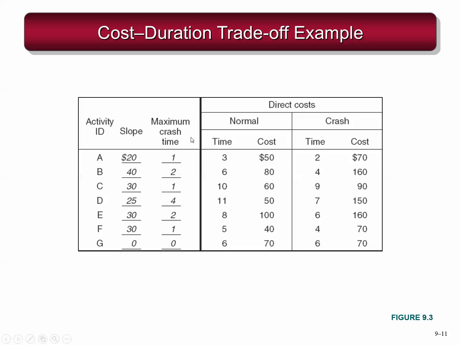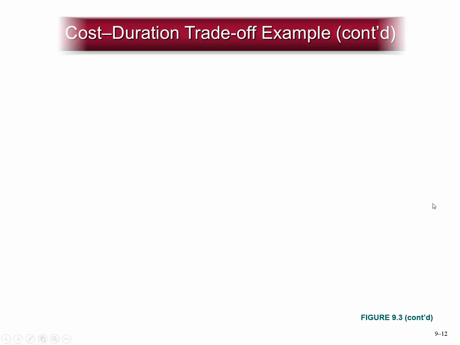All right, so typically in every problem, you're given the maximum units of time you can reduce and the cost for each unit of time. For example, B has 2 units of time, which is the maximum, and the cost per unit of time is 40. So you've reduced it by 2 days, and you have 160 instead of 80 of cost because you've added 2 times 40 to it.